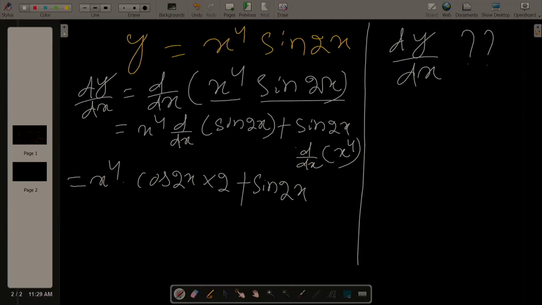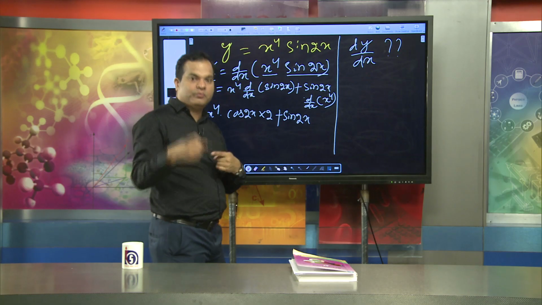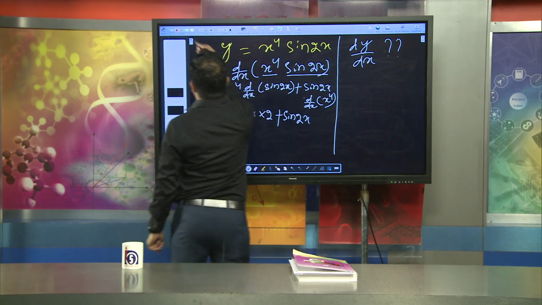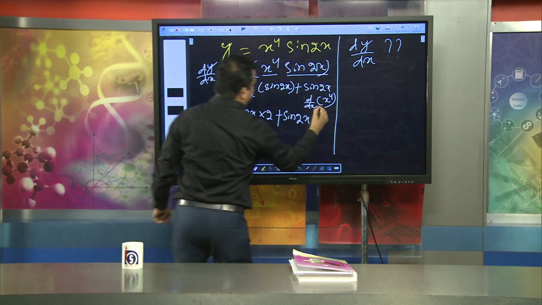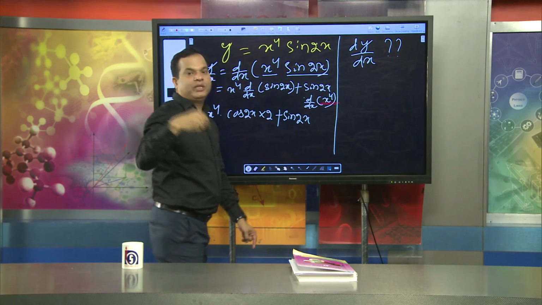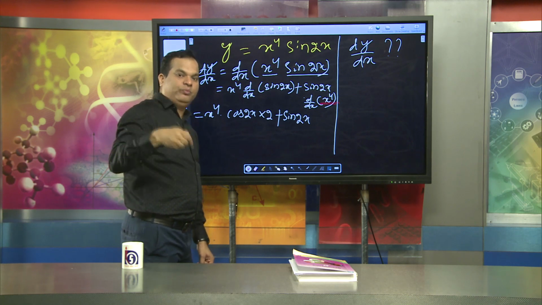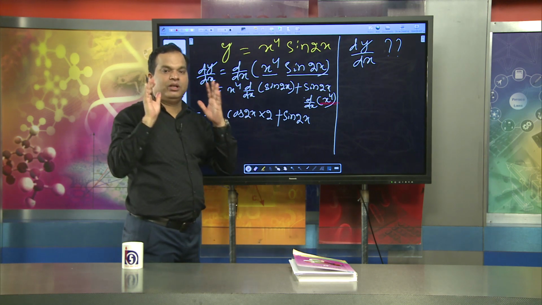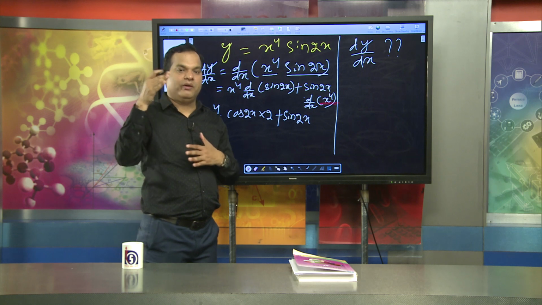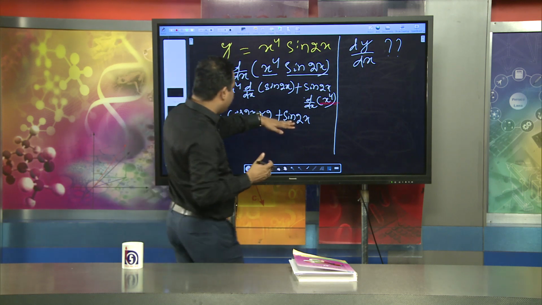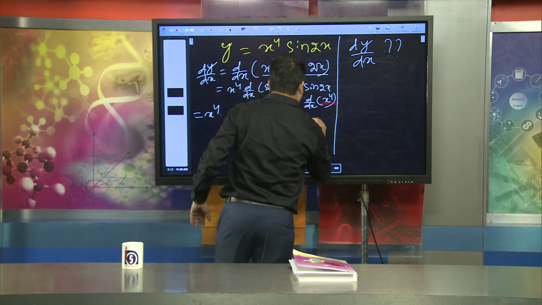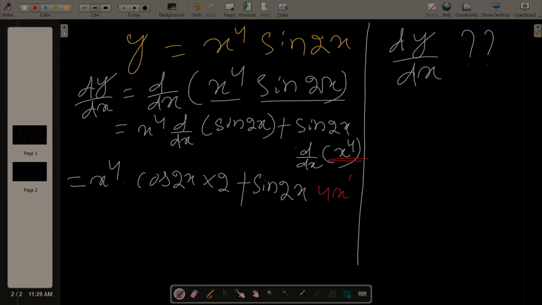If we use the power rule, you know that very simply I can say x fourth का derivative क्या होगा? 4x cube, that means x to the power n formula, which is nothing but n x raised to the power n minus 1. So, I can write sin 2x into 4x cube.